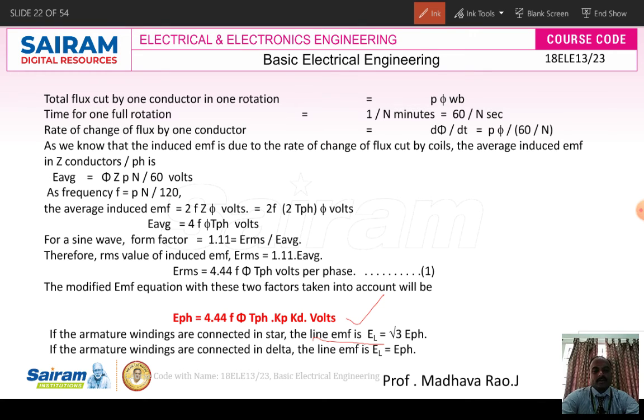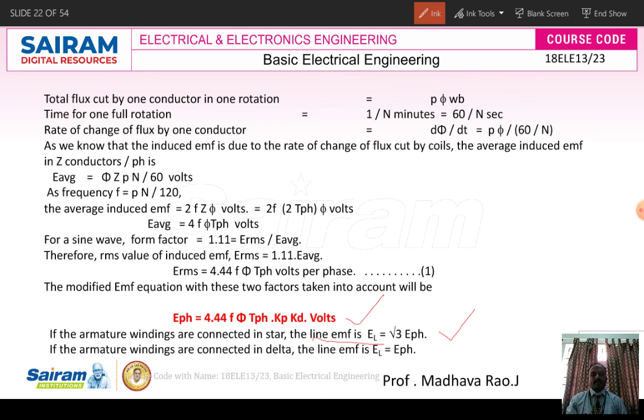In star connection, line current and phase current are the same, but line voltage and phase voltage are not. There we derived that line voltage is equal to root 3 times the phase voltage.